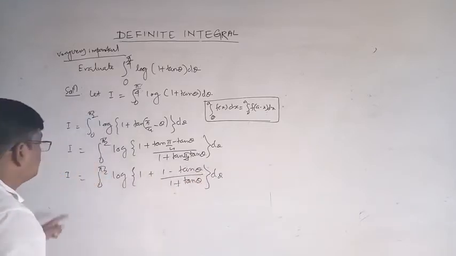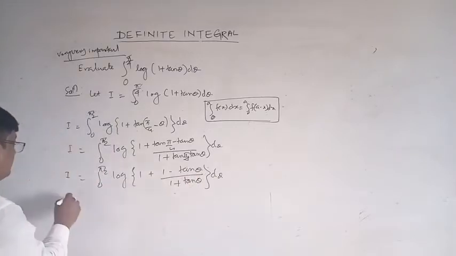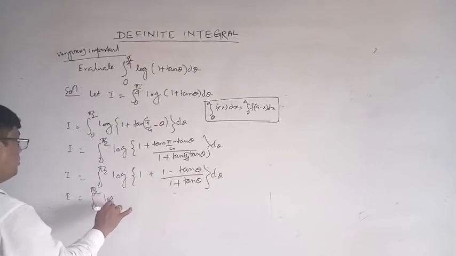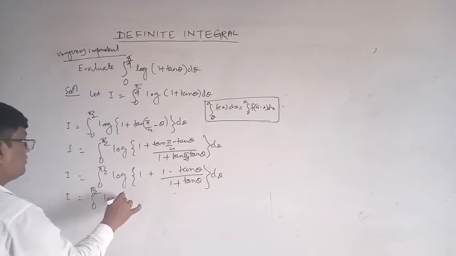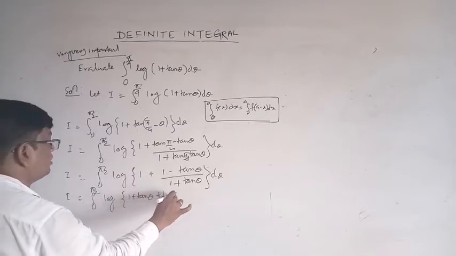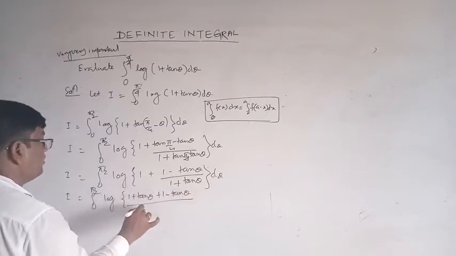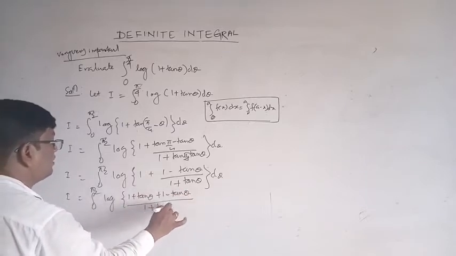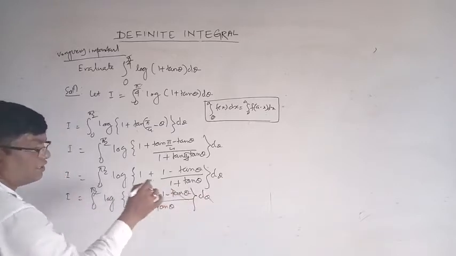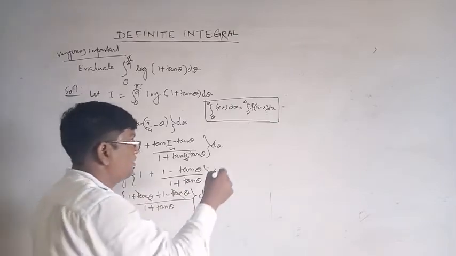Clear? So I is equal to the integral of log of (1 plus tan theta plus 1 minus tan theta) divided by (1 plus tan theta) d theta. Plus tan theta minus tan theta cancel.